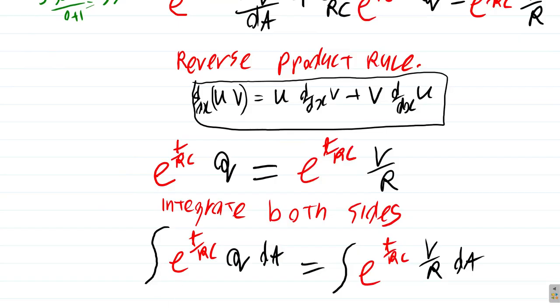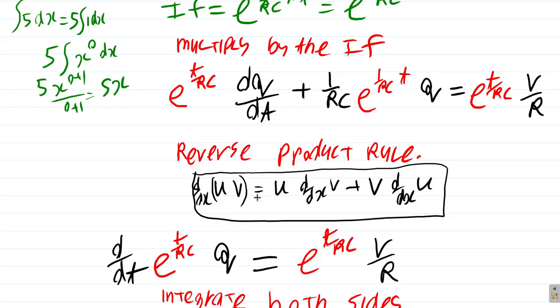It is really d by dt of this, right? I left that part out earlier. The derivative with respect to t of e to the t over rc times q gives this on the left hand side. When you differentiate this, you get this.